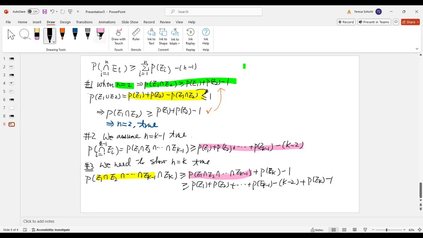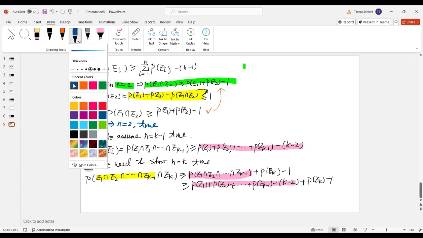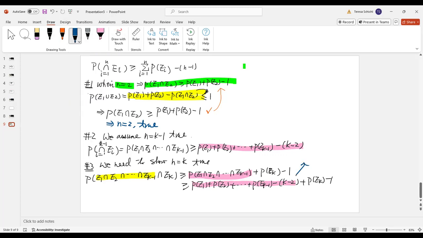I used this relation, which is why I color coded it. Now if you combine the constants, minus (k minus 2) minus 1 is minus k plus 1, so you can write it as minus (k minus 1).